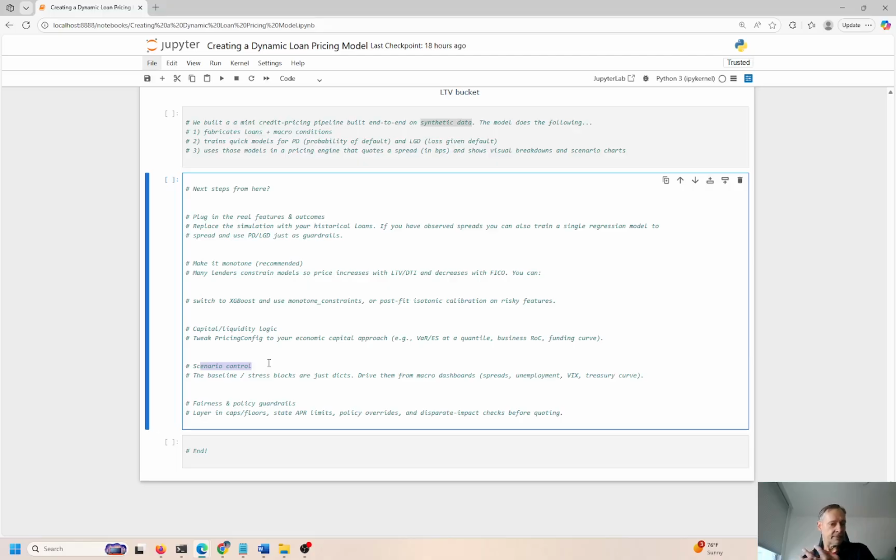And layer in things like limits, overrides, require more equity up front or a higher down payment for a house, or for a car. Make sure that the collateral behind the loan is pretty stable and pretty secure. So if the person defaults, you can go grab that asset and sell that.